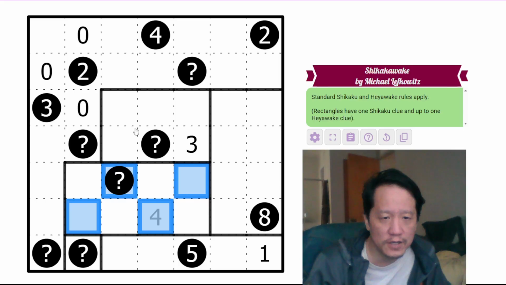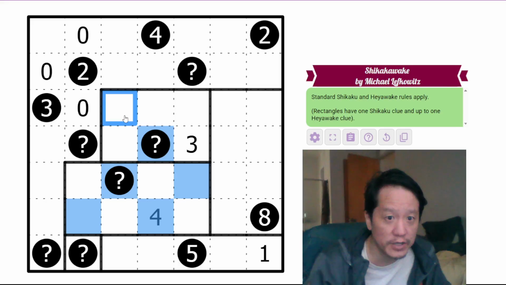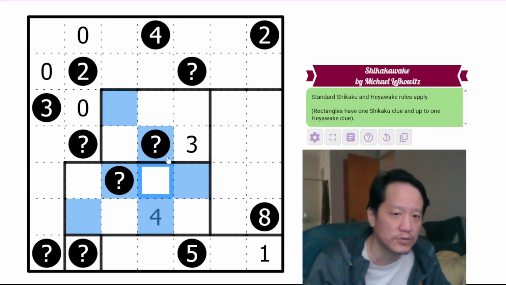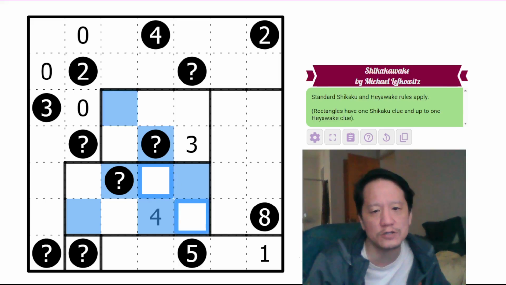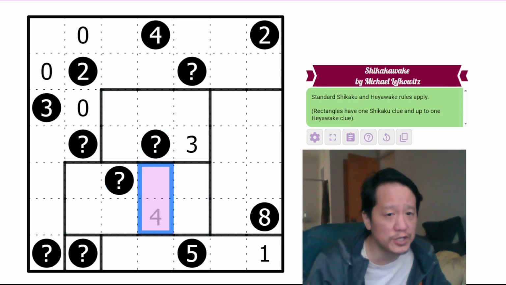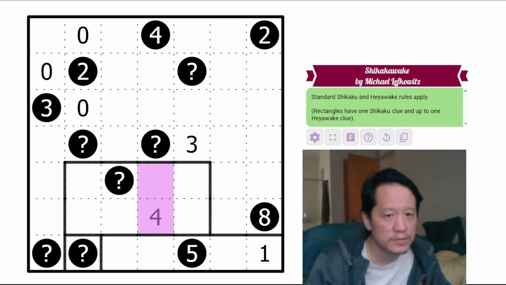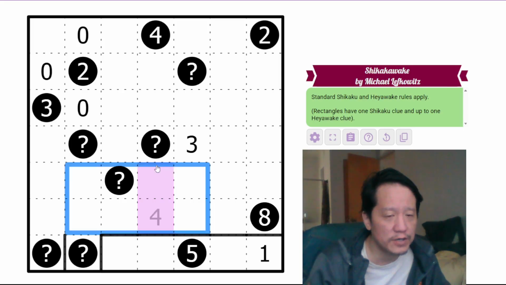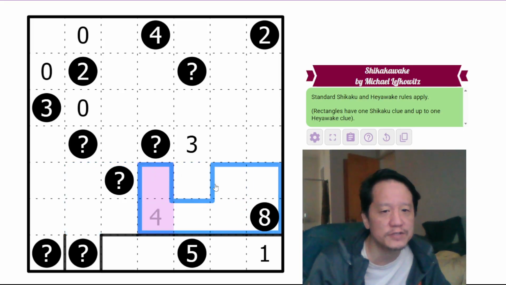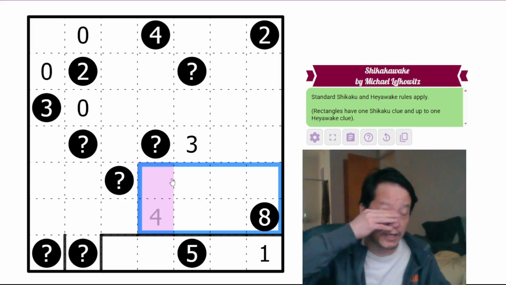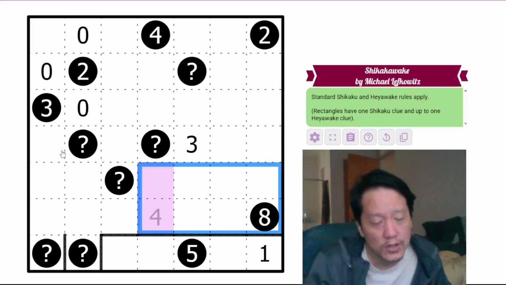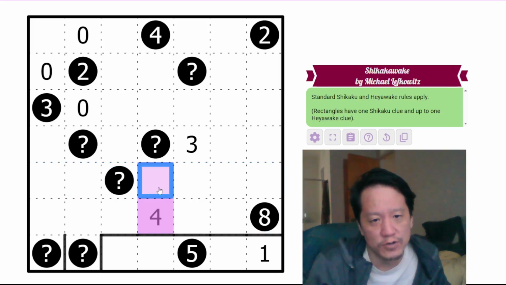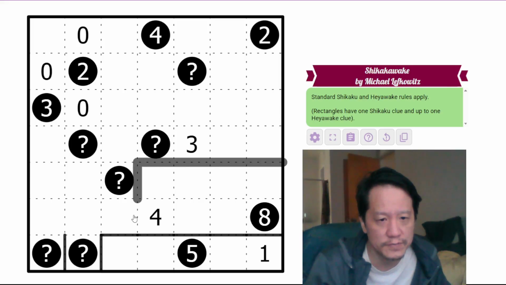If we have shading here, this must be shaded here because it cannot share an edge with the shading, and then that would necessarily block this cell from being orthogonally connected to the rest of the shaded regions. So we know then this has to be part of this 8 cage because we just tested out both of these and it doesn't work. So then this is part of this 8 cage.